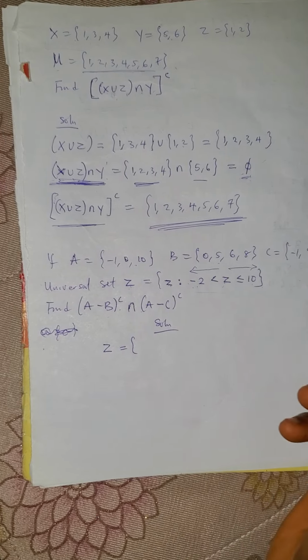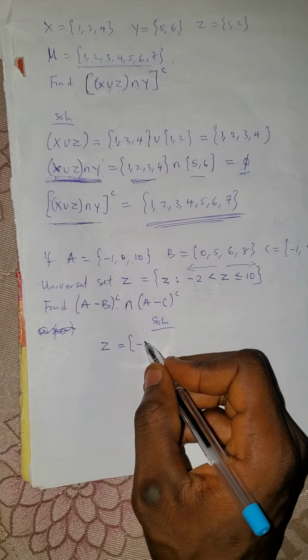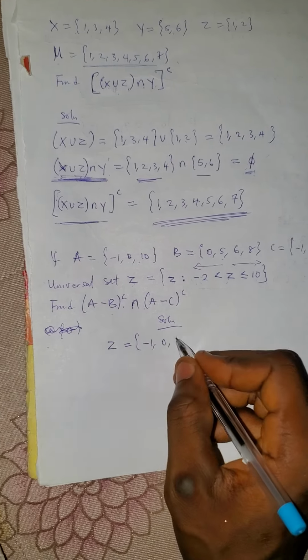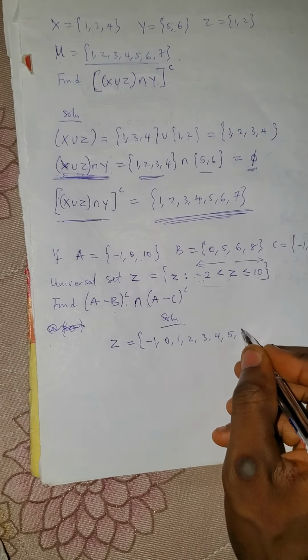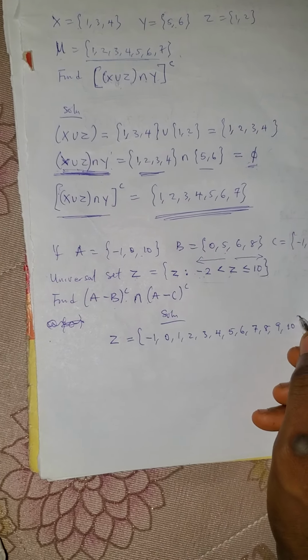So what are the elements that are greater than minus 2? We have minus 1, we have 0, we have 1, 2, 3, 4, 5, 6, 7, 8, 9, and we have 10.